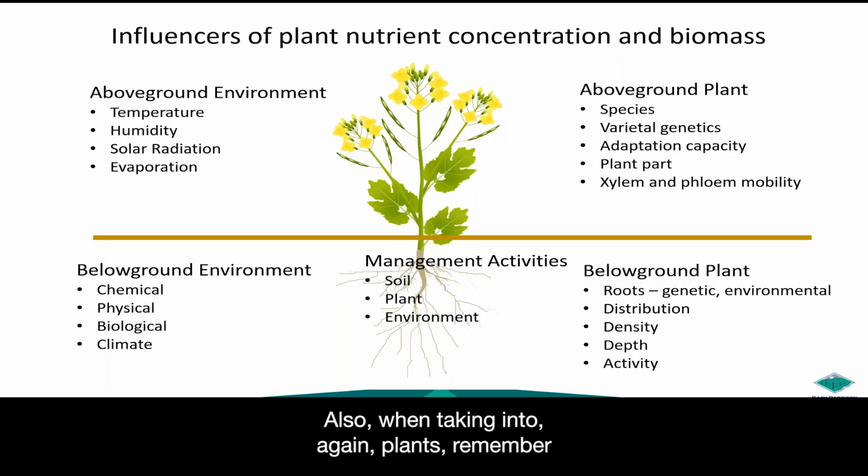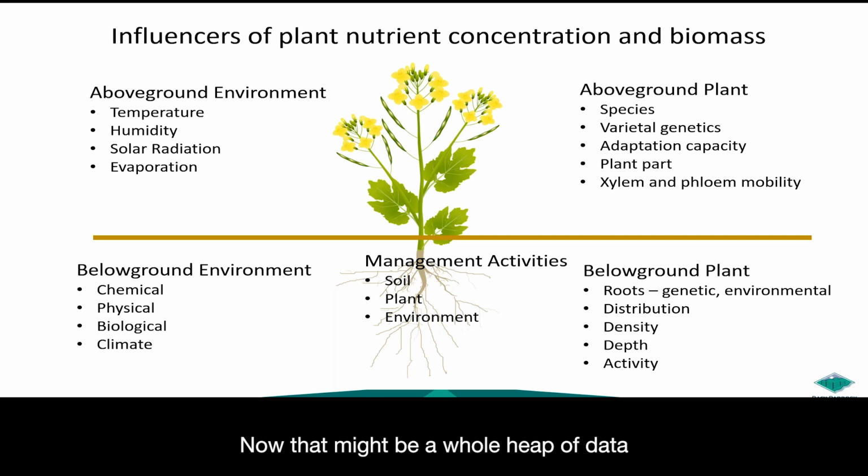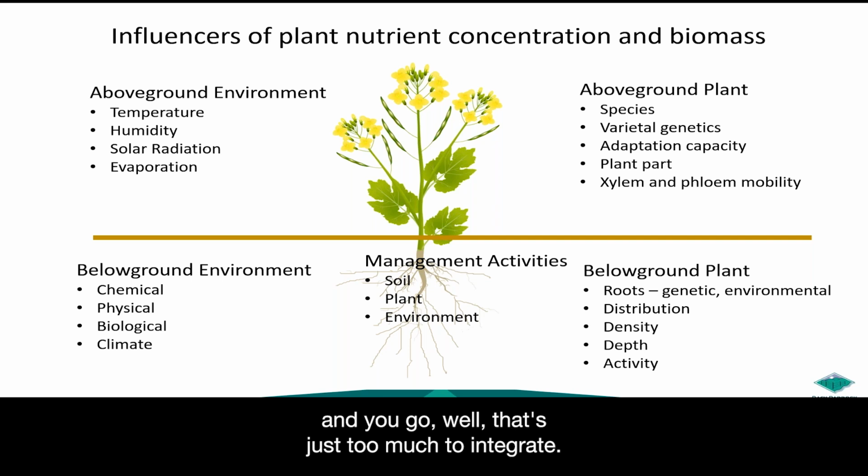Also, when taking into account plants, remember that the plant is actually reflecting the season-long concentration of nutrients that it's seen so far. And the availability of those nutrients is affected by a whole heap of different interacting factors. Now, that might be a whole heap of data, and you go, well, that's just too much to integrate.